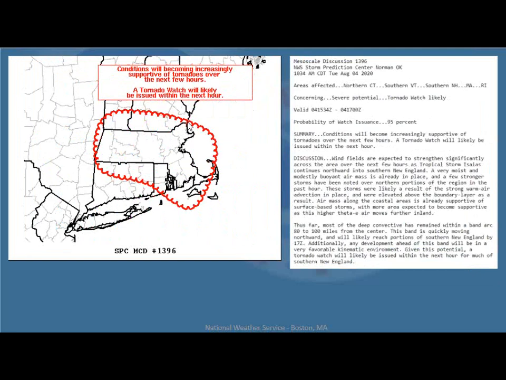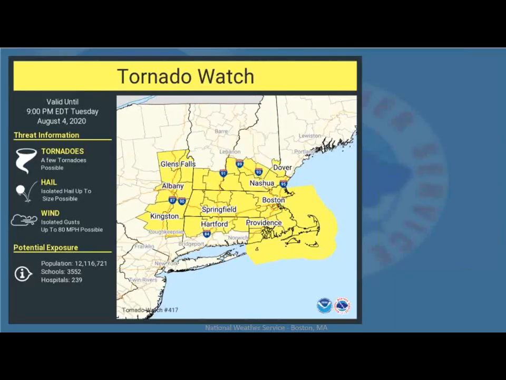And 30 minutes later, 10:30 a.m. Central Time, 11:30 a.m. our time, basically SPC is saying that they are going to issue a tornado watch for most of our area, and that's inside the hatched area because of increasingly favorable conditions for rotation. And there it is, the tornado watch until 9 p.m.